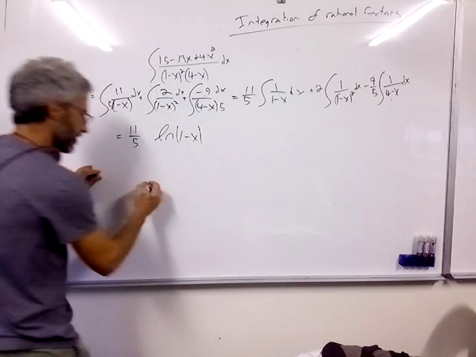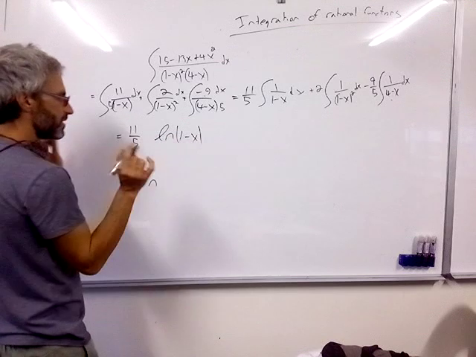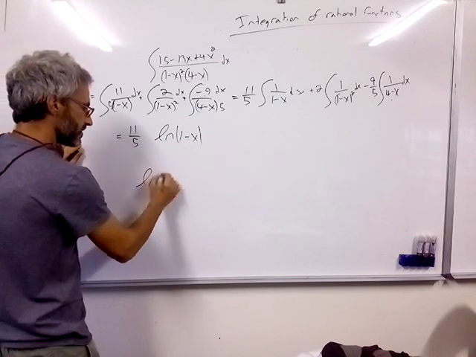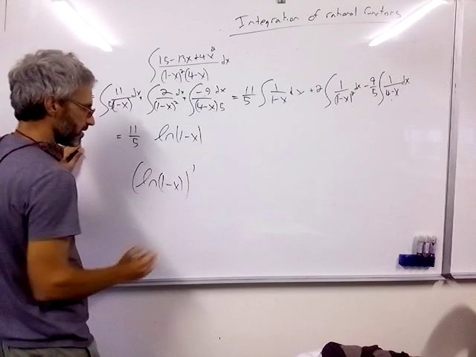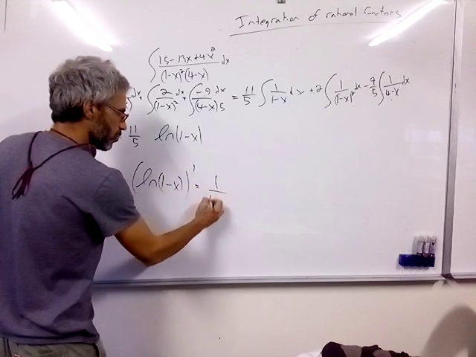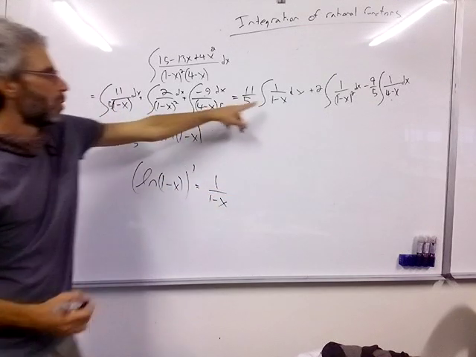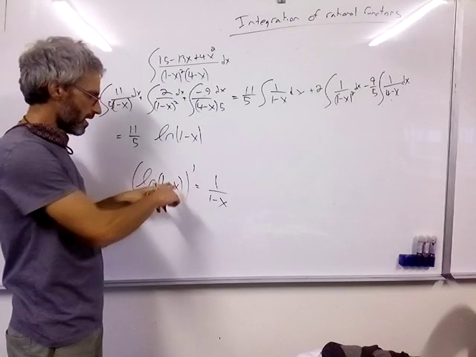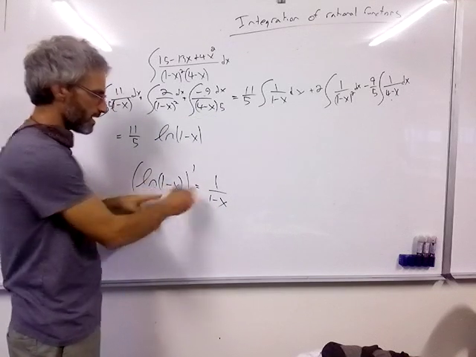So if I just left the constant, 1 minus x, and did a derivative of that, what am I going to get? I'm going to get the 1 minus x, which is what I want, but I also need to multiply by the derivative of 1 minus x, which is 1.